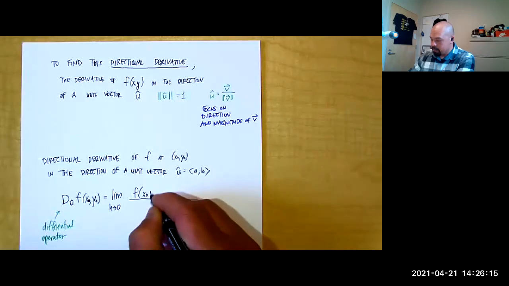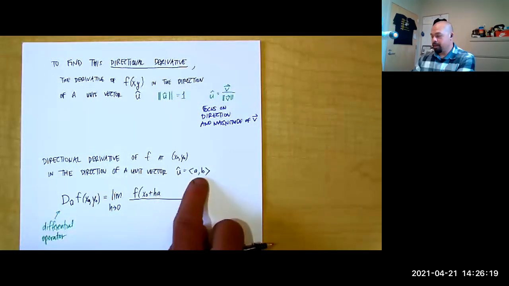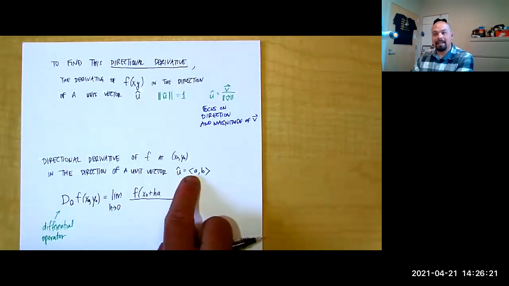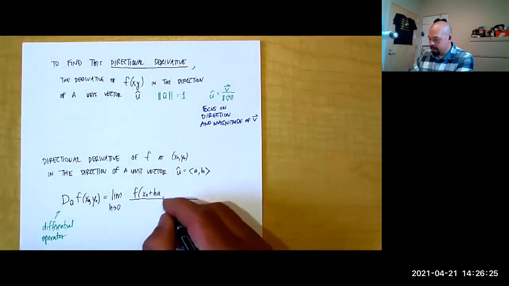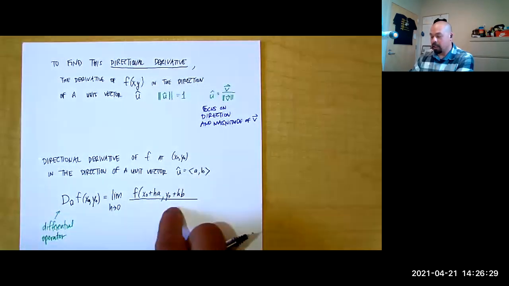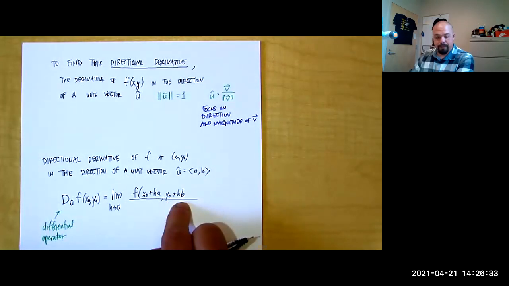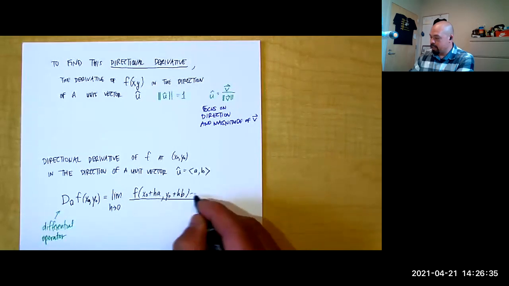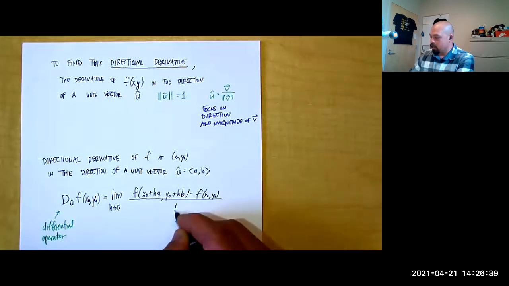So I'm going to take x naught plus h times, right? So some portion in that x direction, a component, y naught plus h times b. So some component in the y, the j direction, h times b, minus f of x naught, y naught, all over h, right?